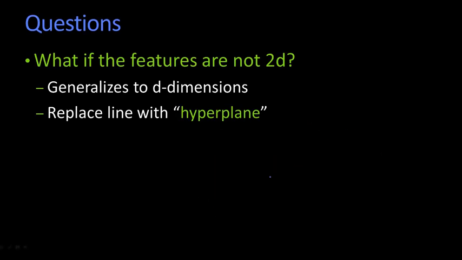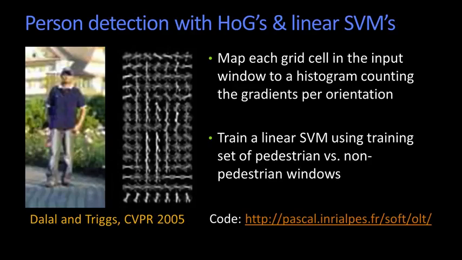And using just that machinery, you can do some pretty cool stuff in computer vision. Even though SVMs had started making their way into computer vision beforehand, I think the one that really put it on the map was the work by Dalal and Triggs in CVPR 2005 for person detection.